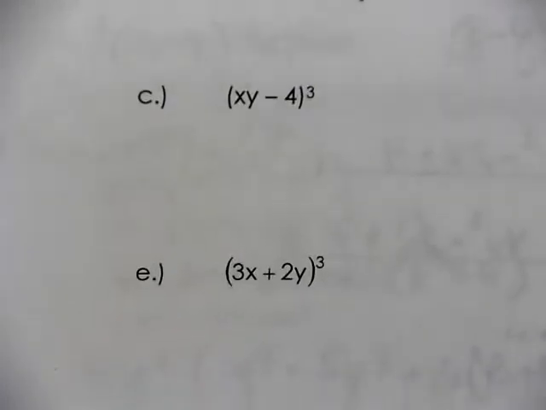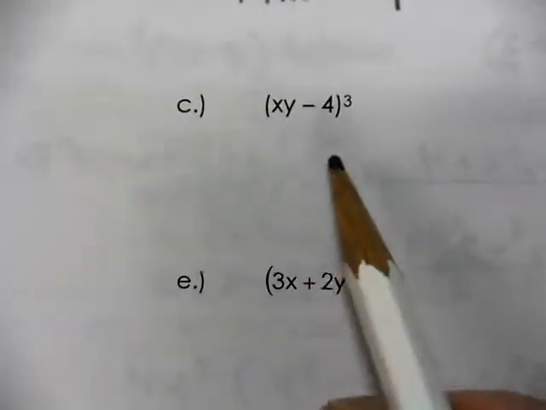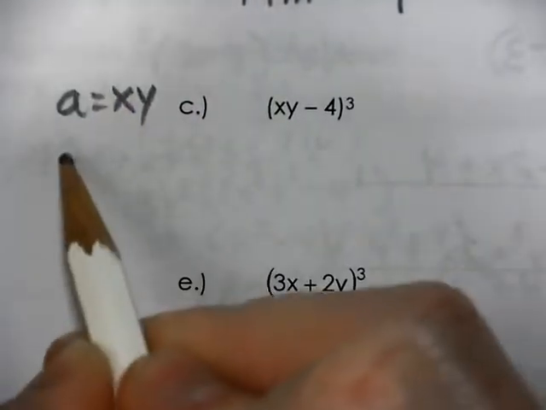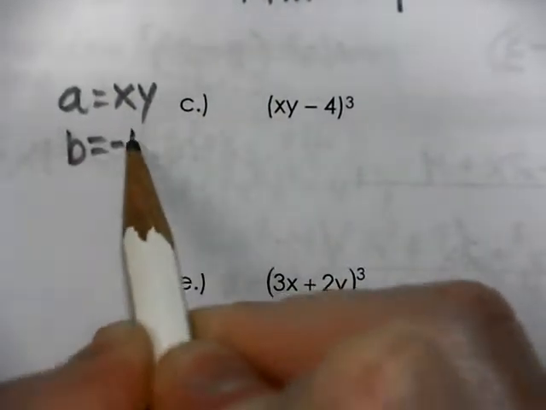Let's try it. So we see here that our a term is xy, and our b term, let's call that negative 4.